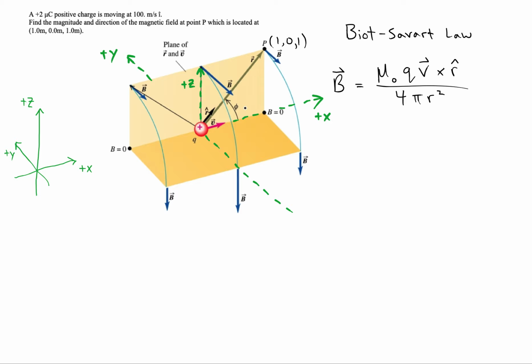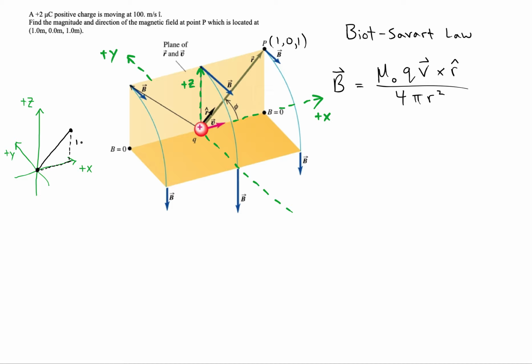Now, in order to truly solve this problem, we're going to need to know the physical distance from the charge to the point where we're evaluating the field. And since we have a triangle created here, we can use the Pythagorean theorem.